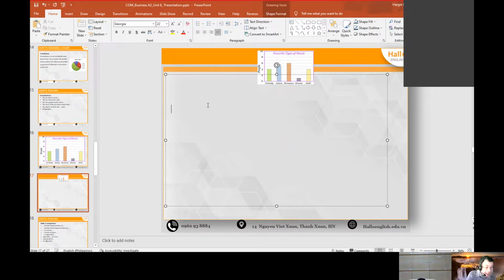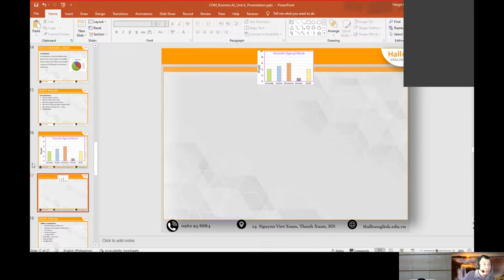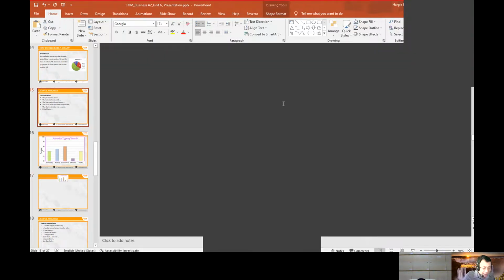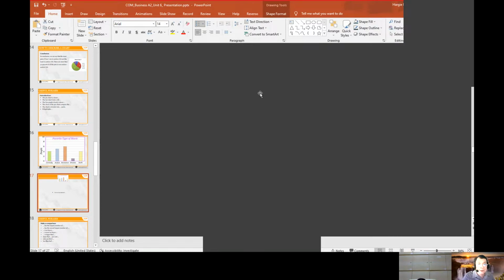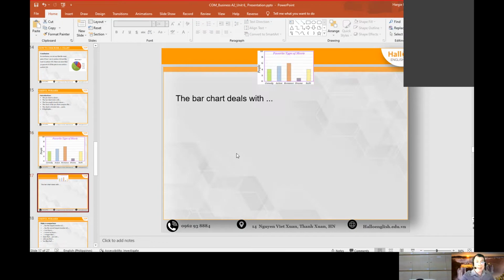We can say in the introduction part, the bar chart deals with, what's the title? The favorite type of movie.